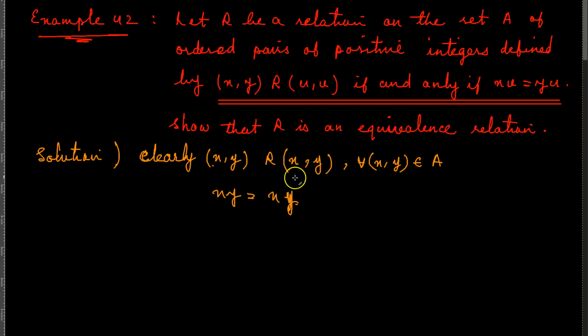Since this relationship exists, every ordered pair x comma y is related to itself, for every x comma y belonging to A, which means that R is reflexive.